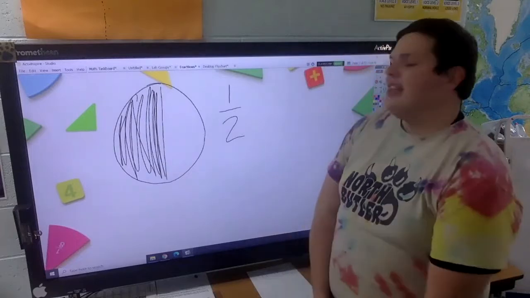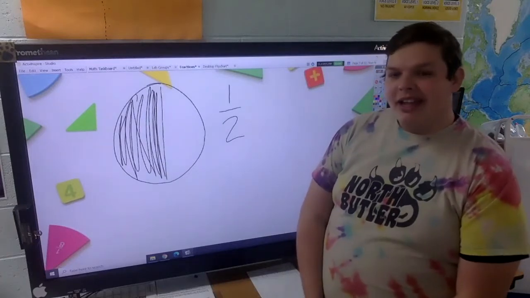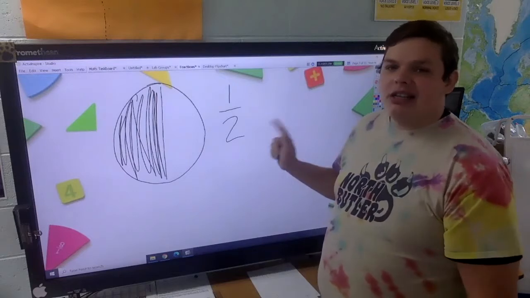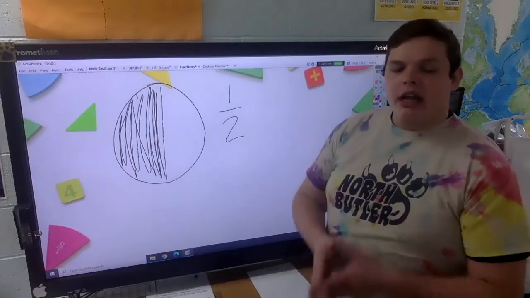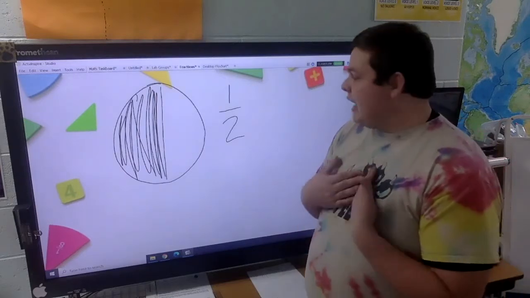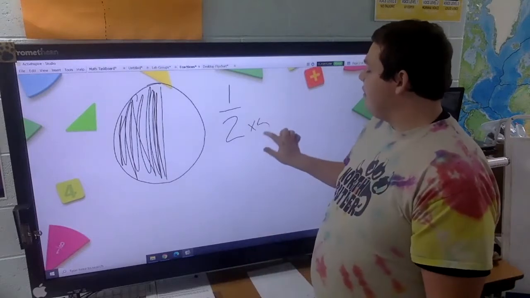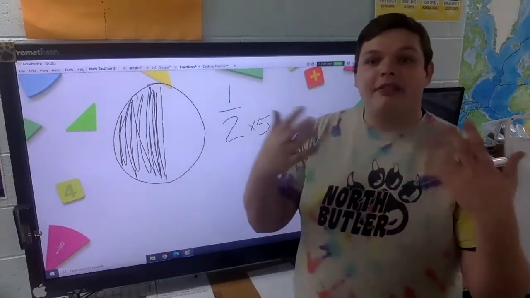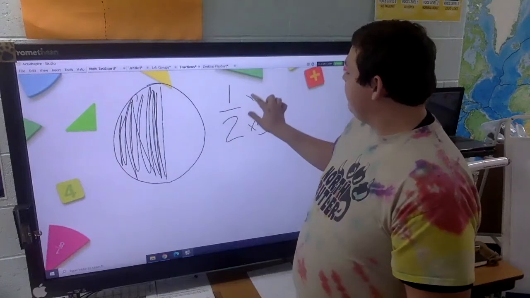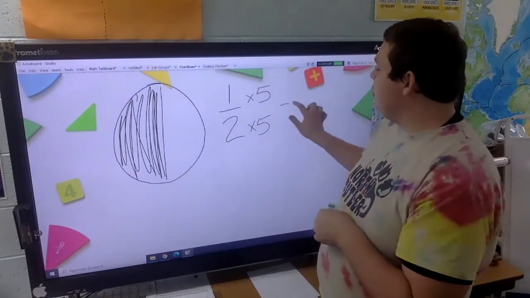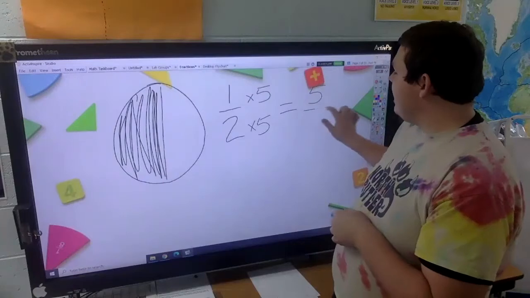The problem with this, if we want to get to a decimal, is that we would actually need it to be 10. And we've talked about equivalent fractions before. So I know the rule to get from 2 to 10, I would have to multiply by 5. And whatever I do on the bottom, I have to do on the top to make it equivalent. So 1/2, an equivalent fraction to 1/2, would be 5/10.